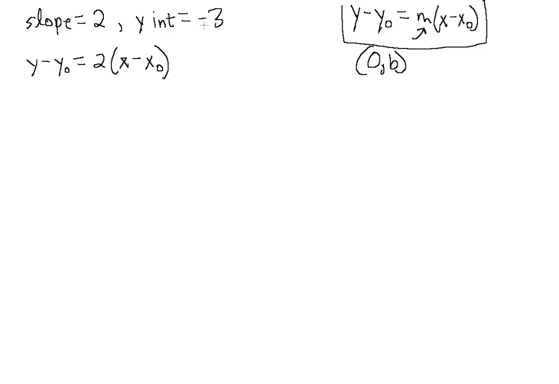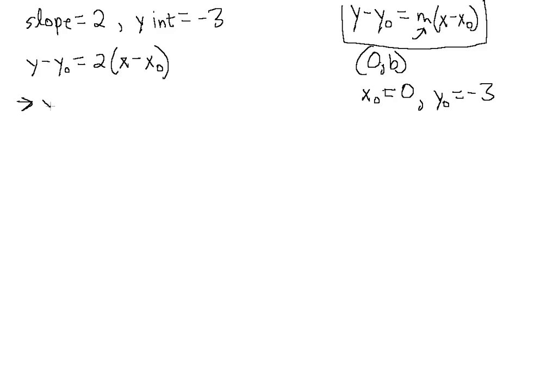And we know that minus 3 is the b part, where the line crosses the y-axis and the x value is 0. So let's plug in x naught equals 0 and y naught equals minus 3. We know these two values because we have the y-intercept and we know what the y-intercept is.